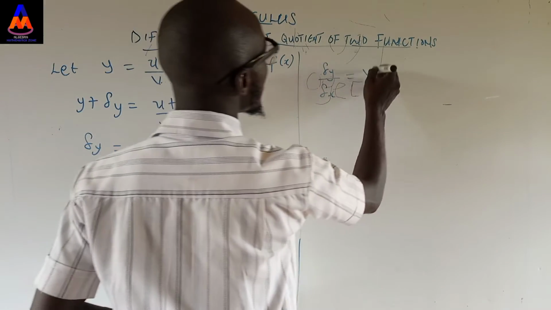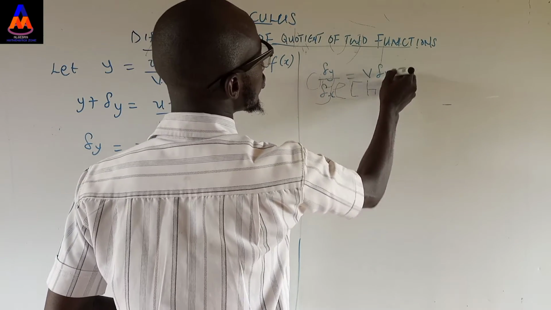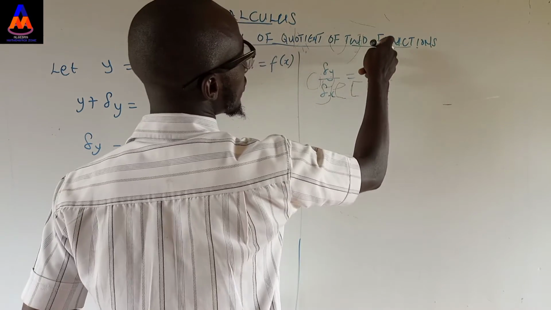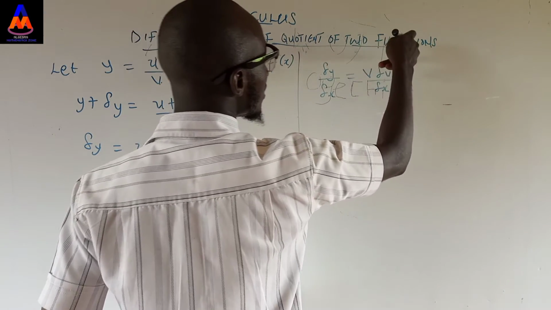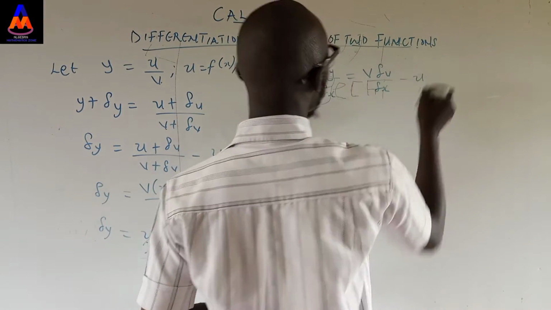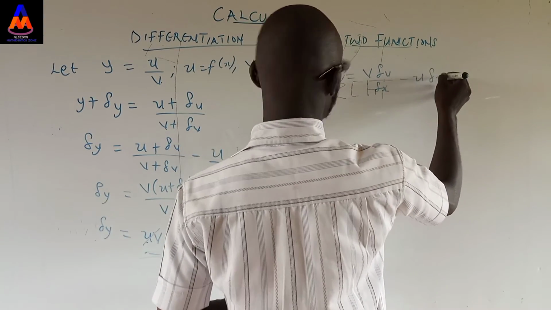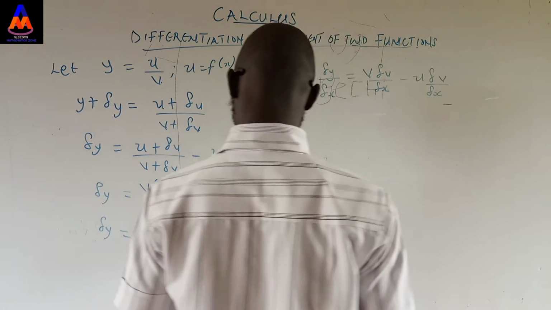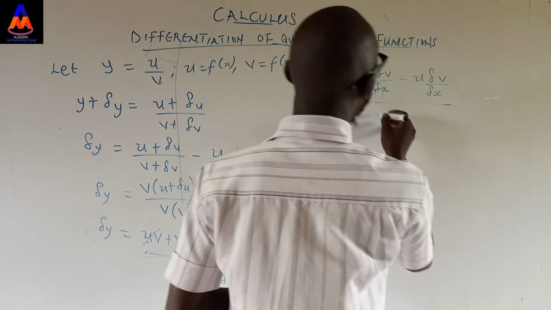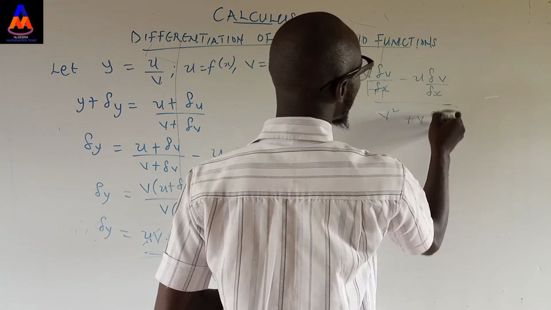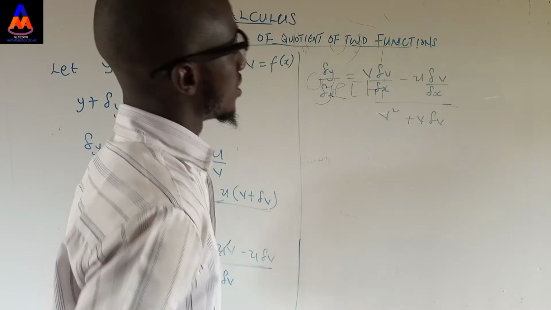Then we have v change in u all over change in x, because the function v and change in u depend on x, so you can divide by change in x, minus u change in v over change in x, all over v squared plus v change in v.